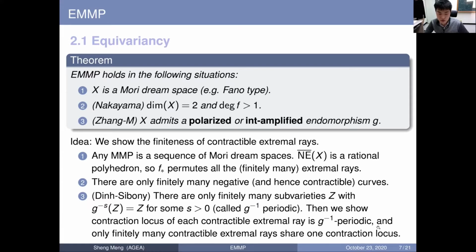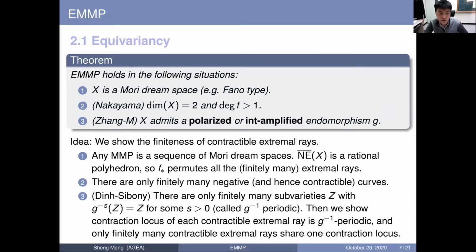And each contraction locus can be shared by only finitely many contractible extremal rays. So these two arguments imply that there are only finitely many contractible extremal rays. And so we can run MMP equivariantly for all the endomorphisms if X admits a polarized or int-amplified endomorphism.